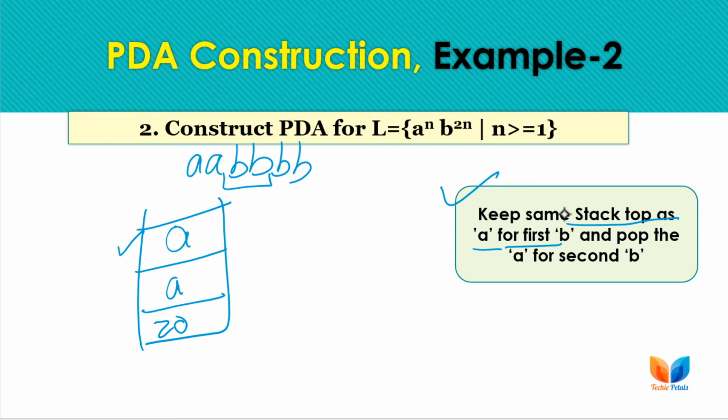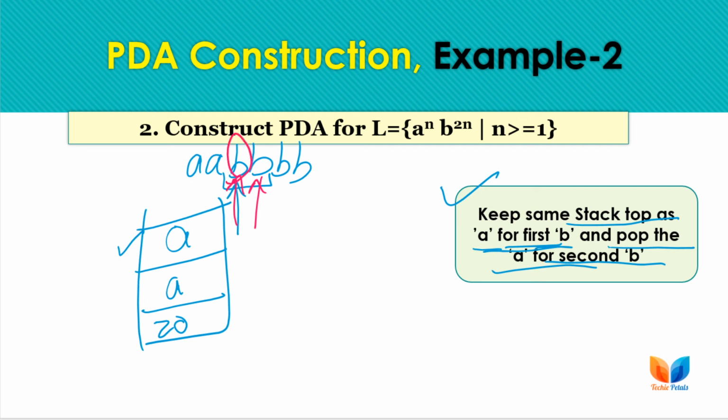So for the first B we are keeping the same stack top, meaning we are not cancelling out the stack top for the first B, but we will be popping A, or performing a replacement of null, for the second B. So for the first B we are just moving to the next symbol by keeping the same stack top, not performing the replacement of null or the pop operation.